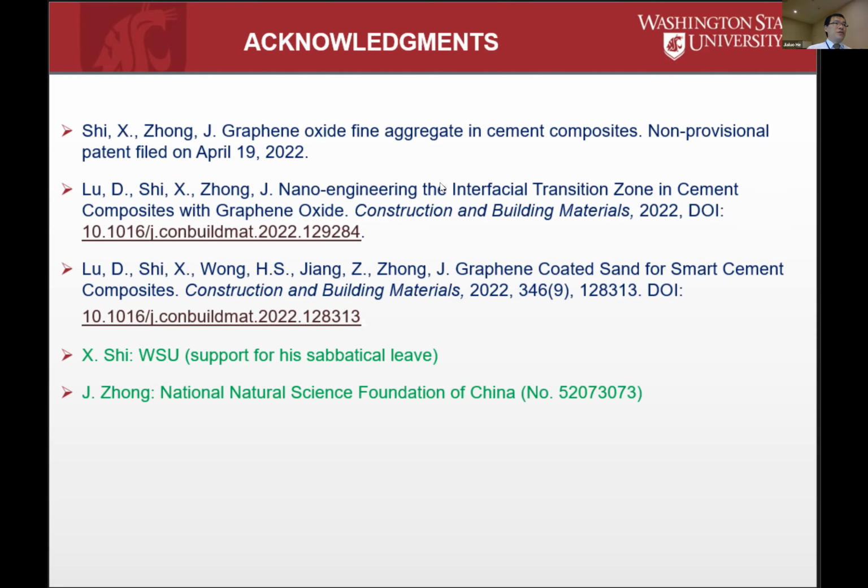Typically, graphene oxide is used for sensing or healthcare. The quantity is small compared with civil engineering, where each human on Earth consumes about 3 tons of concrete per year. So here we're talking about 0.05% by weight of cement. That's still a huge amount when you think about the global impact. Yeah. Thank you.